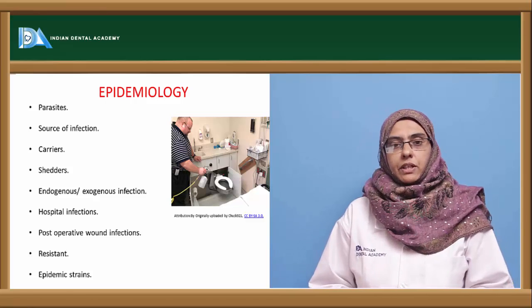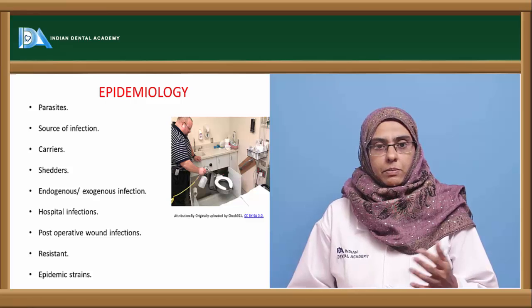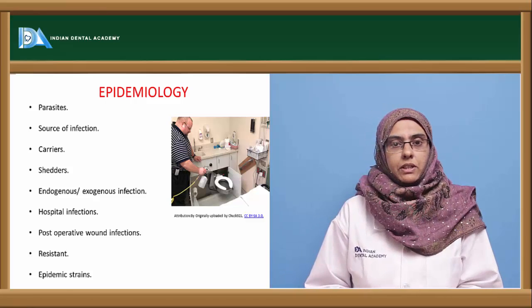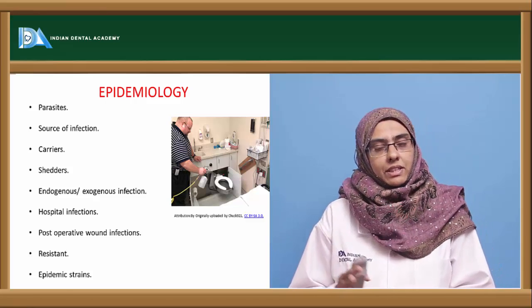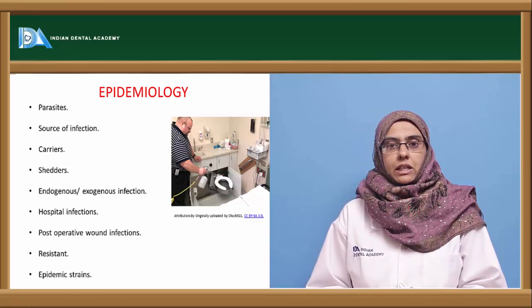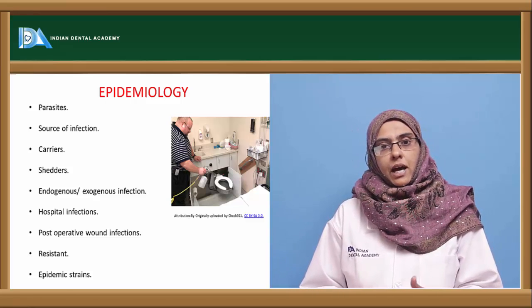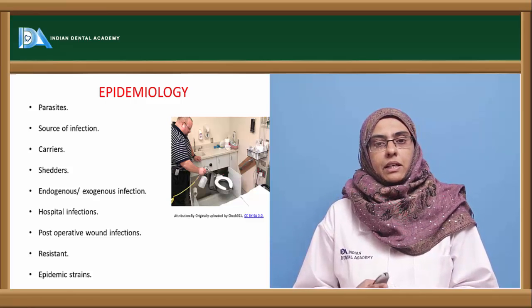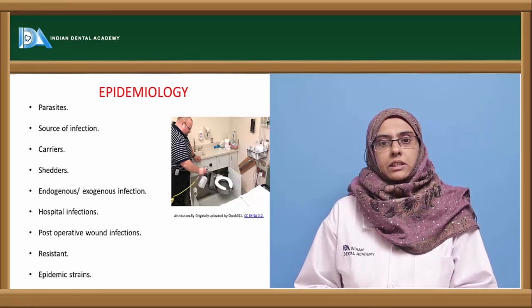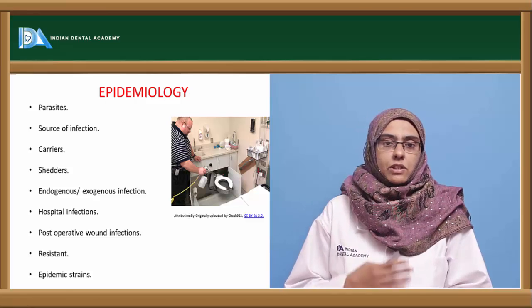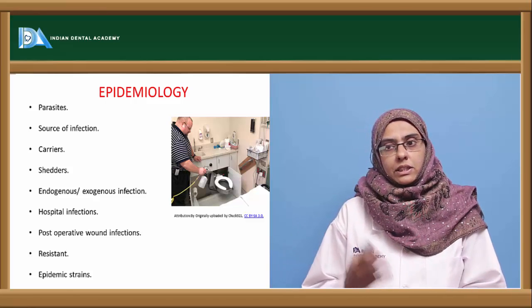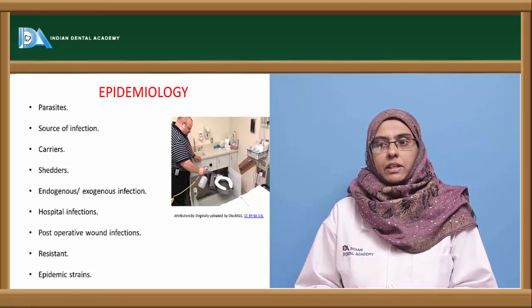Mostly a person who has an upper respiratory tract infection or a local suppurative infection can transmit the disease. Most of the carriers harbor this organism, and they act as shedders who shed it continuously in the environment, leading to disease in different individuals.